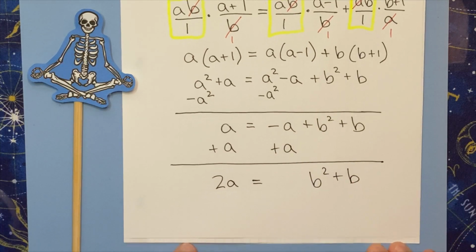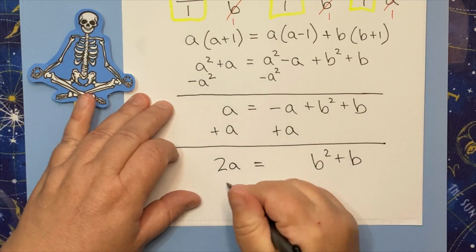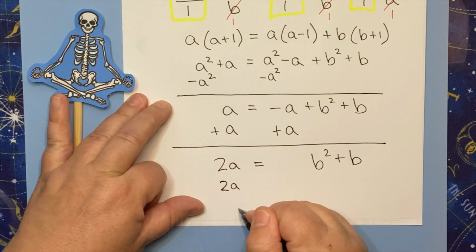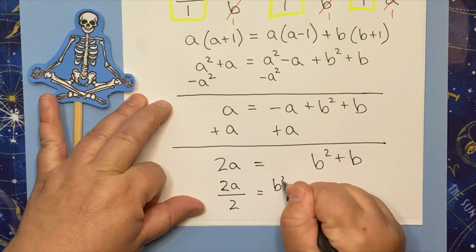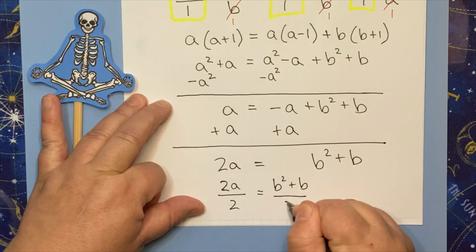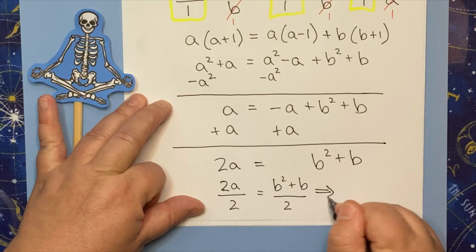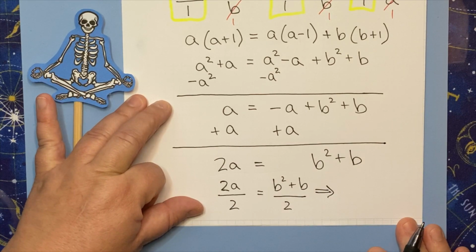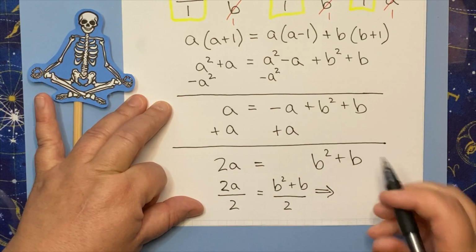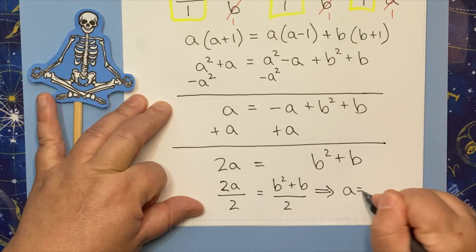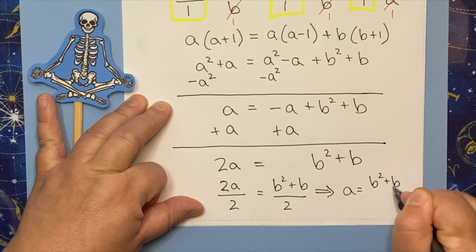Okay, what's the last step going to be? Well, I've got 2a. I want 1a, so I'm going to divide by 2. And then I've got b squared plus b all over 2. So, and here I'm going to cheat a little bit so as not to go onto another page. I'm going to just write it sideways. I apologize. I'm going to get a equals b squared plus b over 2.